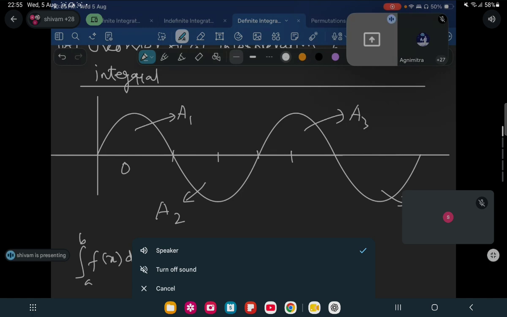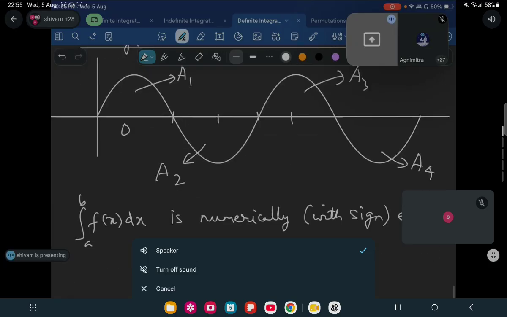Okay. Means if it is above the x-axis, it is positive. If it is below the x-axis, it is negative. It is equal to the area of these curved trapeziums, means A1, A2, A3, A4.